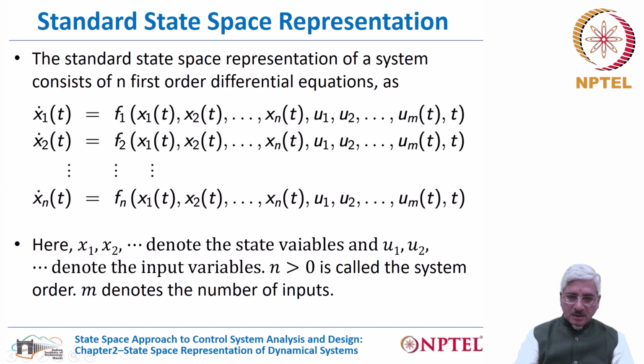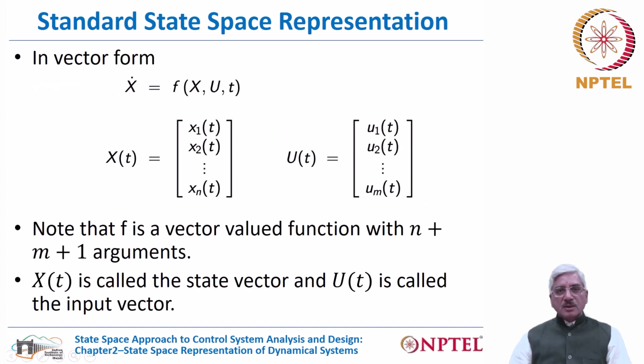These equations can be represented in concise form in the vector form as x dot equal f of x, u and t, where capital X is a column vector consisting of all states x1 to xn. Capital U is also a column vector of all the m input variables u1, u2 etc. and t denotes the time.